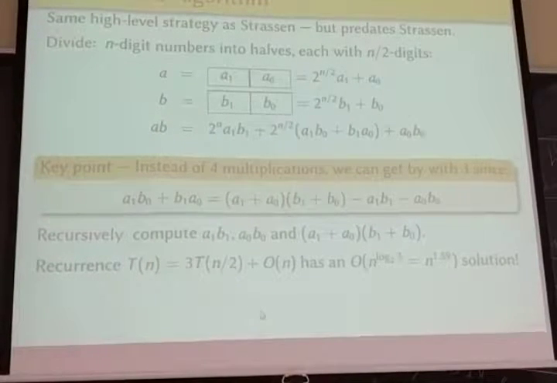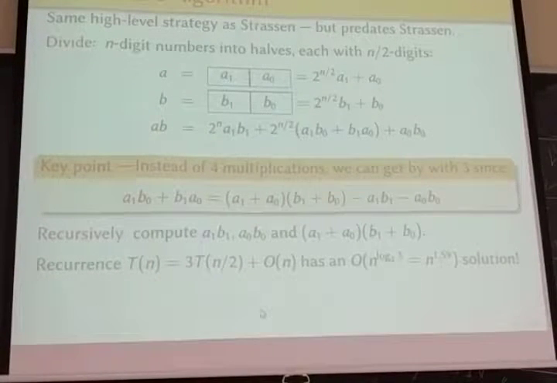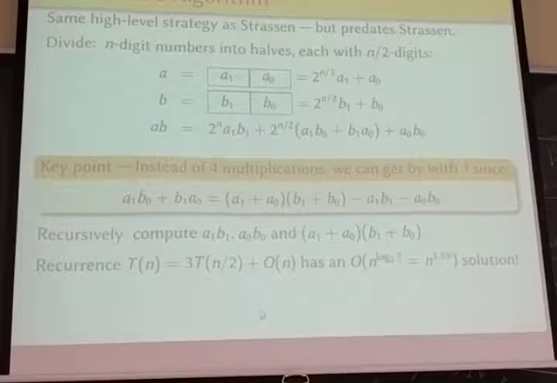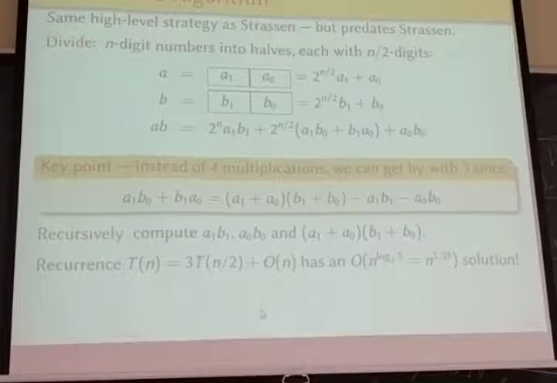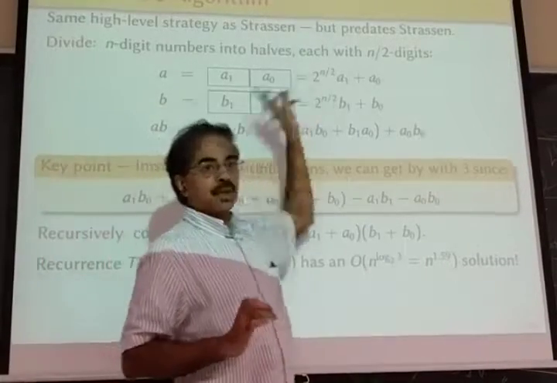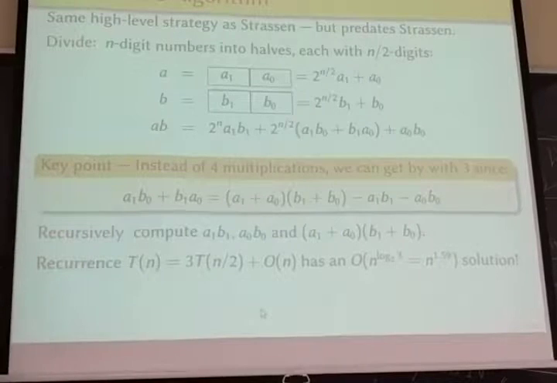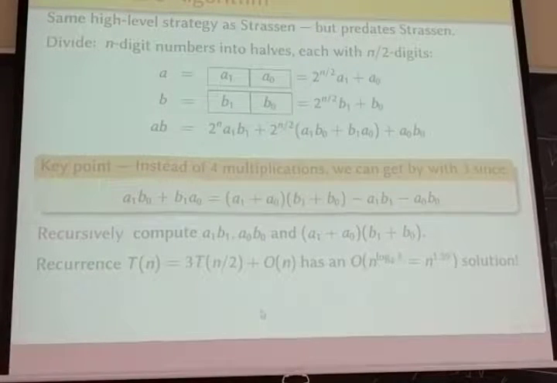If you slice an n-bit number right in the middle, then you can think of them as 2 digits in a very large base, where the base is 2 to the power n by 2.